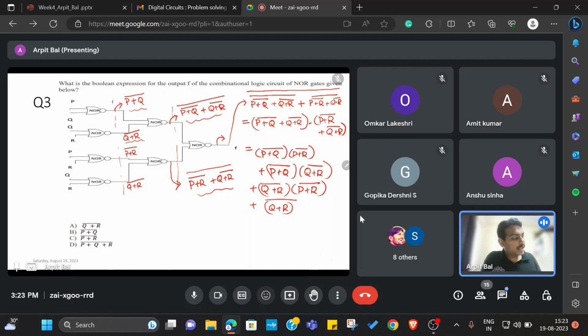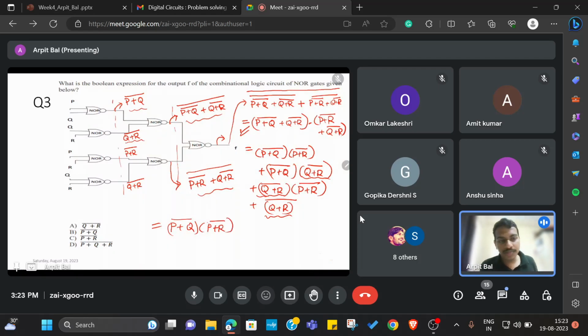Basically I just expanded this term. Now from these terms we can take (q + r)' common. Let me write this first: (p + q)'·(p + r)'.